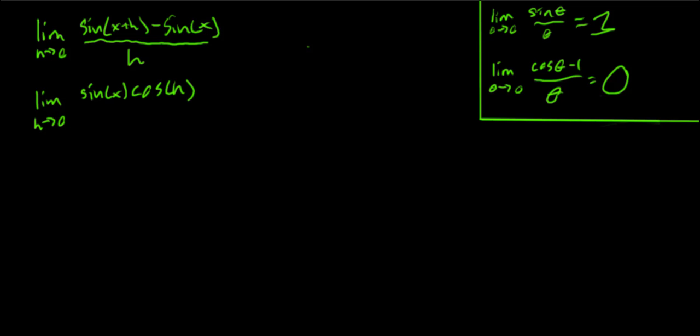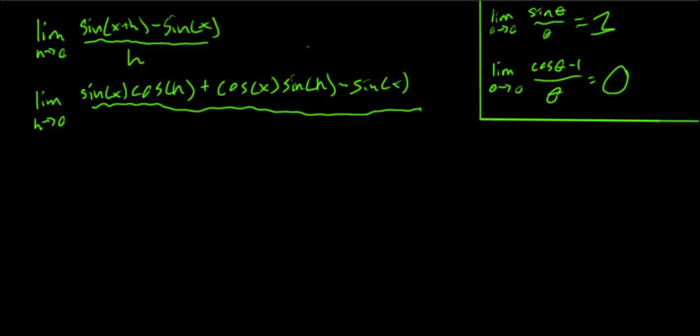And here is where our super long numerators are going to come into play. Minus, or no, it's plus cosine x times the sine of h, and then we still have our minus sine of x all over h, right?